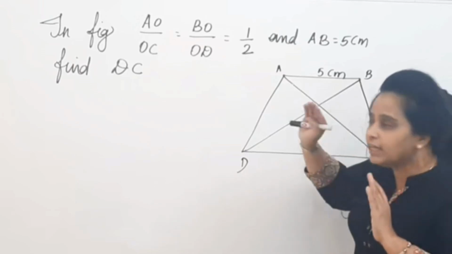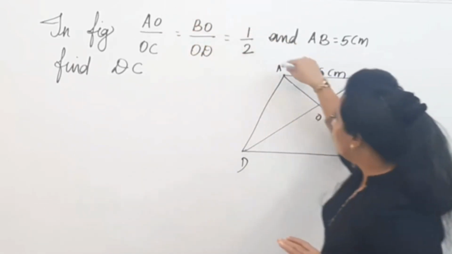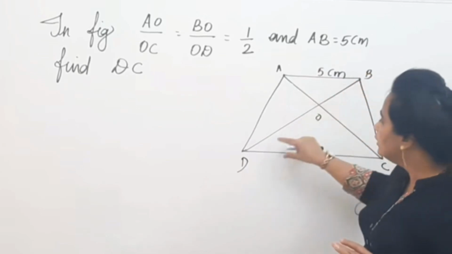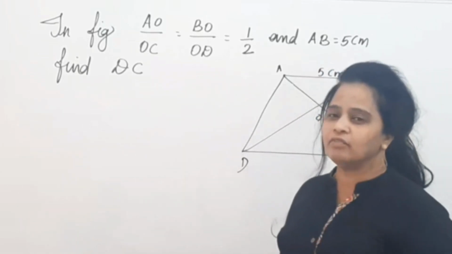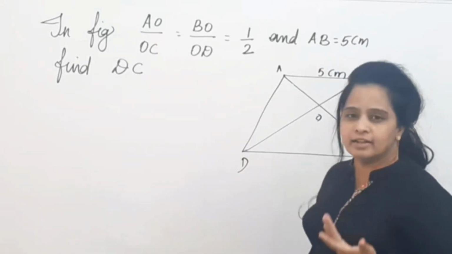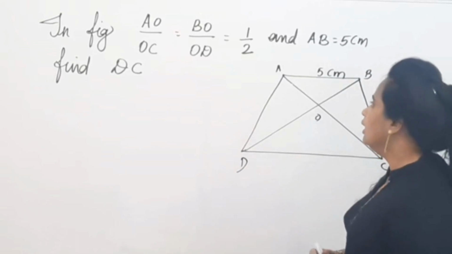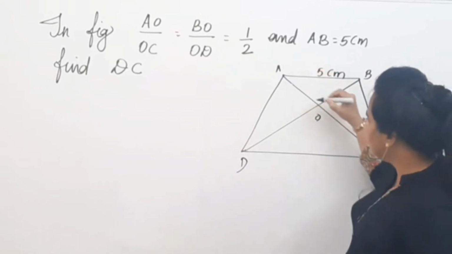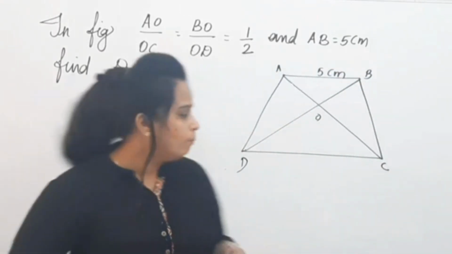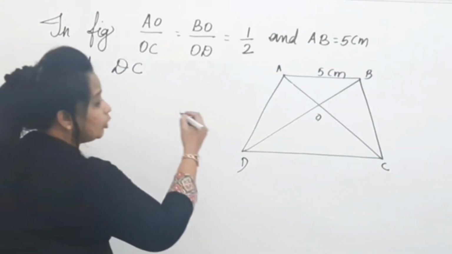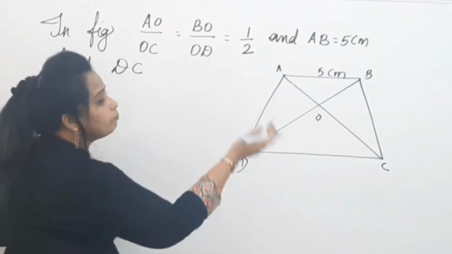Now you have to think about when the ratios are given, the numerators will form one triangle, denominator will form another triangle. This is the hint I am giving you to get your triangles and to prove those two triangles are similar. Now you can see here it is given AO by OC is equal to BO by OD, which is equal to half. That is, the sides are in proportion.